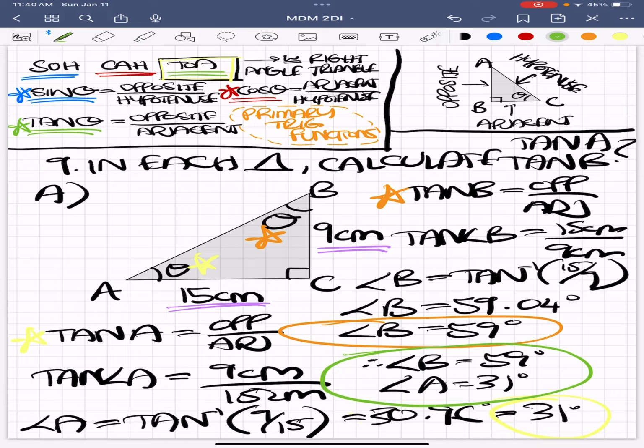So we're going to try more questions like this in the upcoming questions that we have. We're going to be calculating tan A and tan B. So it's going to be easier as we go on.